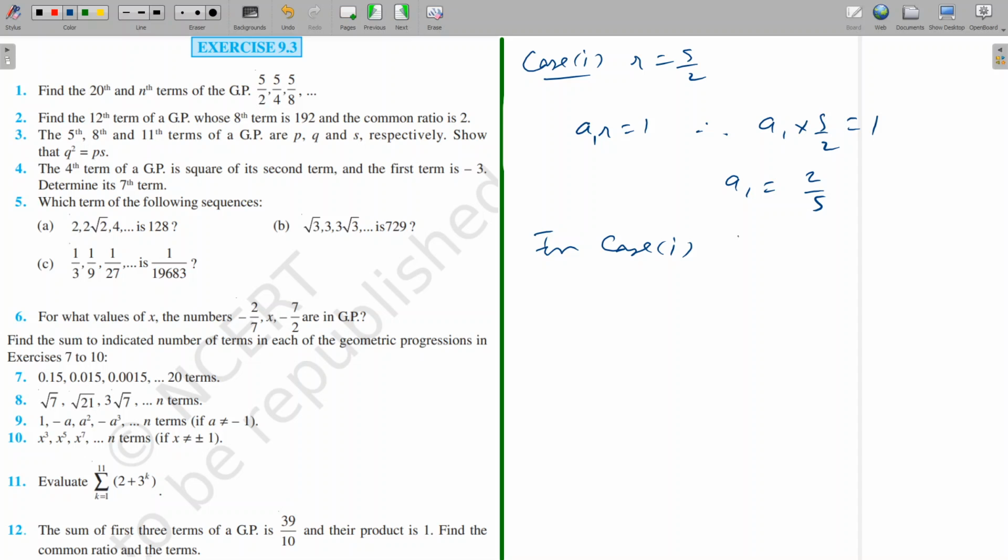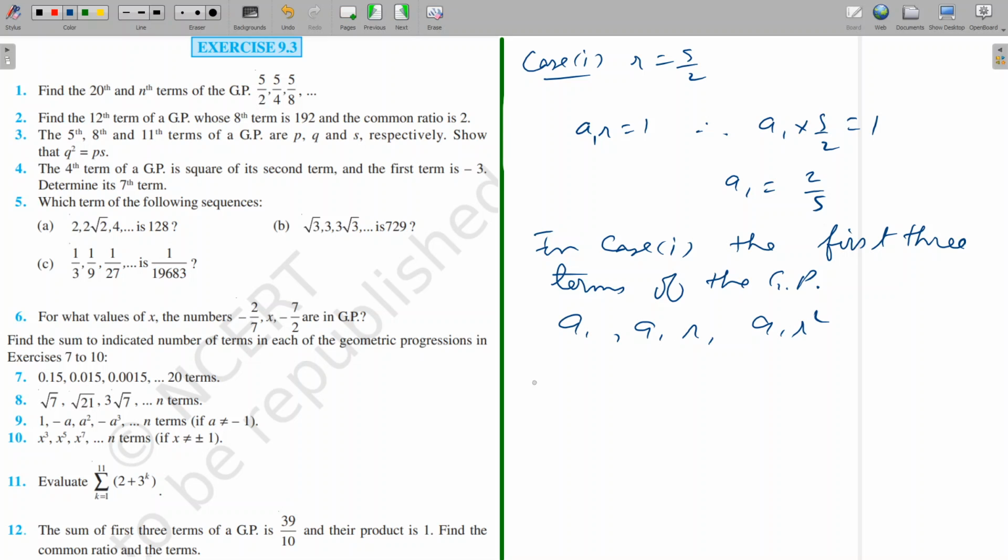the first three terms of the GP are A1, A1R and A1R square. What is A1? 2 by 5. What is A1R? That we have already obtained, that is 1.